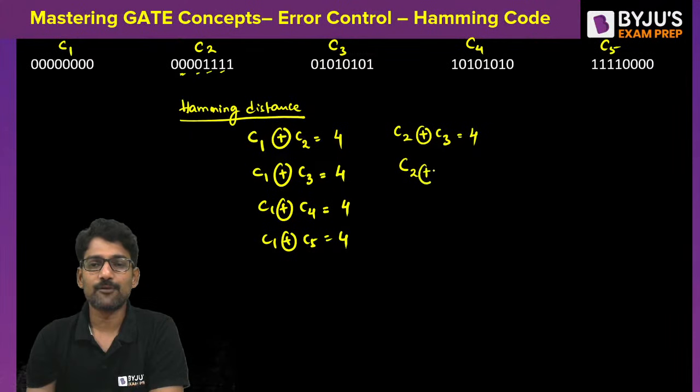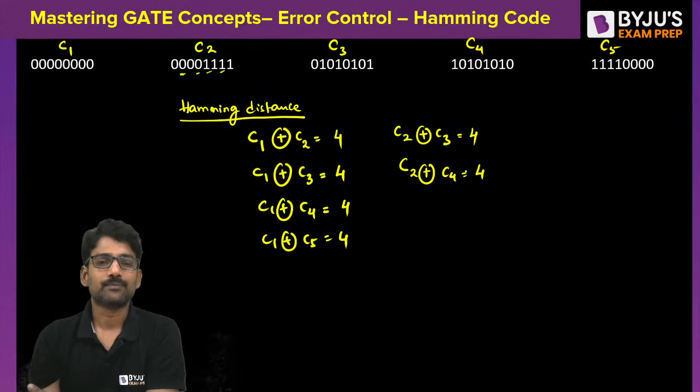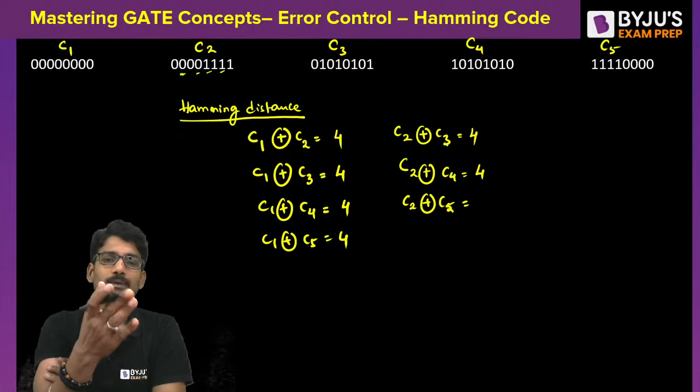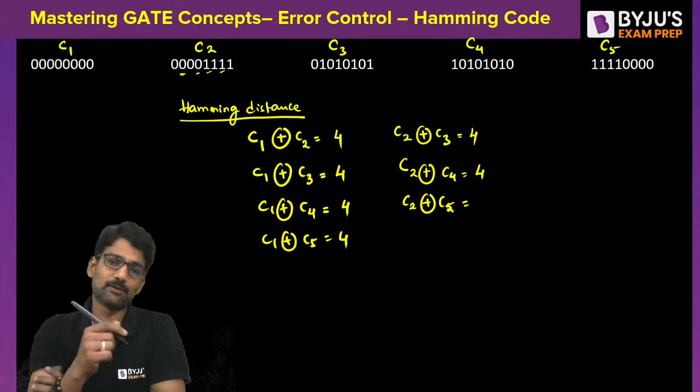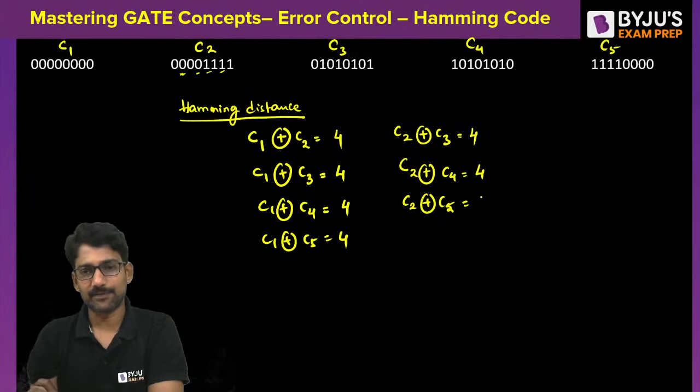C2 with C4, it is again the same, 1, 0, 1, 0, 1, 0, 1, 0. C2 with C5, here you see C5 is exactly the complement of C2, so we have all 8 bits different.